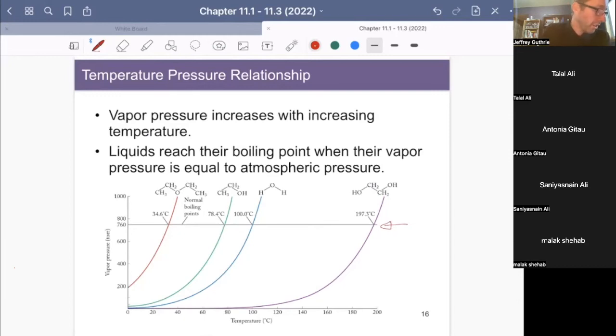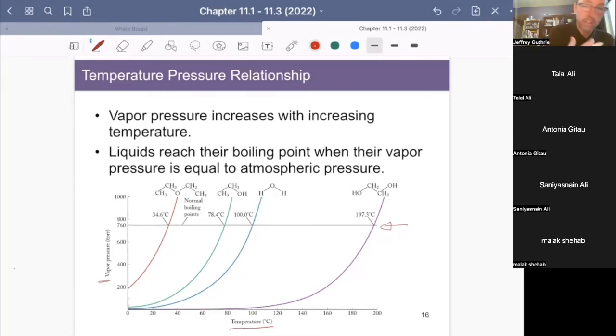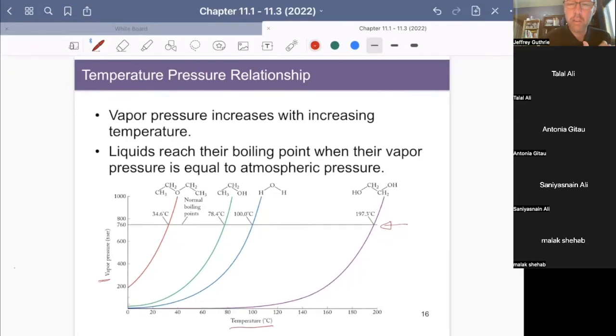Okay, so you can see in this graph that we have temperature at the bottom and vapor pressure on the y-axis. As the temperature increases, the vapor pressure increases, but the amount that the vapor pressure increases is going to be dependent on what molecule it is. So you can see something like water here, right?